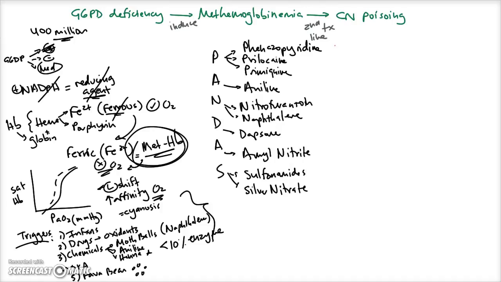Now, phenazopyridine is a drug that's used to treat the symptoms of dysuria, often given to women with UTIs who want symptomatic relief. This has no antibacterial effect. It's purely to treat the symptom of painful urination.